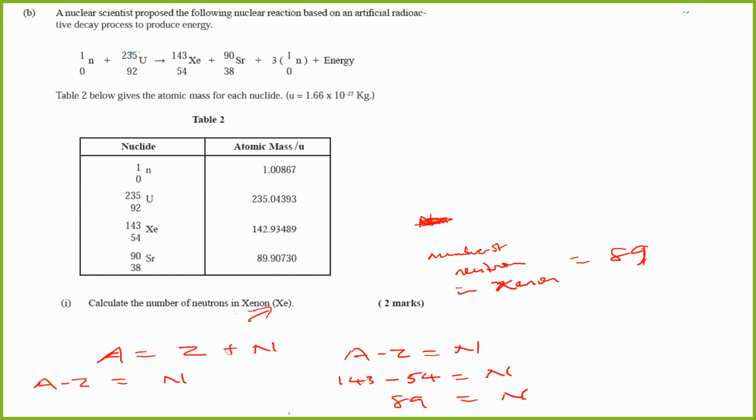What would contribute to the masses before fission?